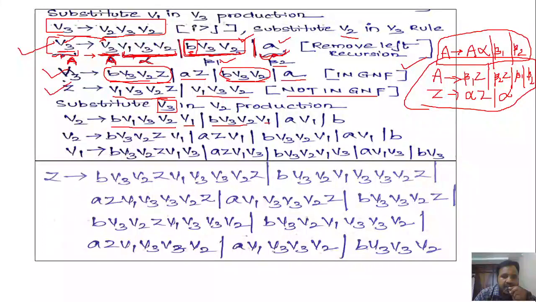And next we have A Z. Substituting it, you will get A Z V1. So you'll get one more, A Z V1. Just a small change here, and next you will get A V1. Sorry, A V1.